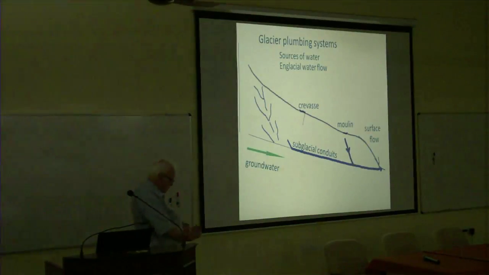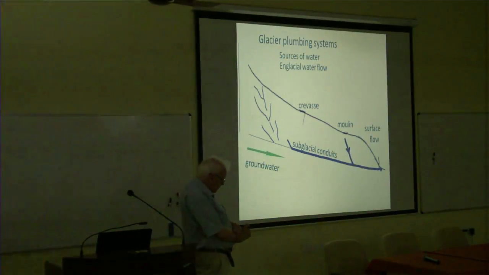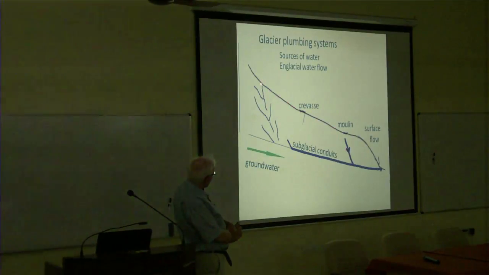Yesterday we talked about how water is transported through a glacier, and typically it's moving rather fast down to the base and along the base, and somehow, and then into the rivers, and that's all.